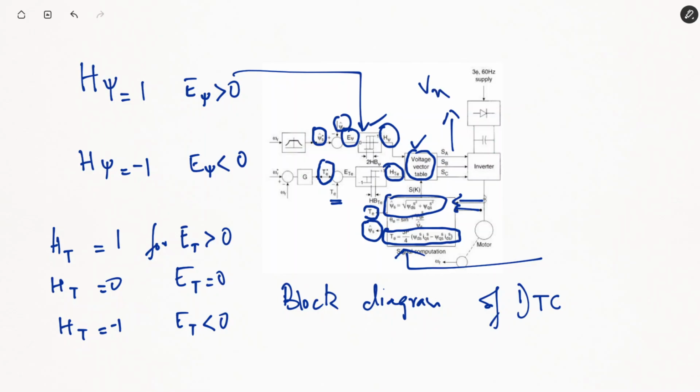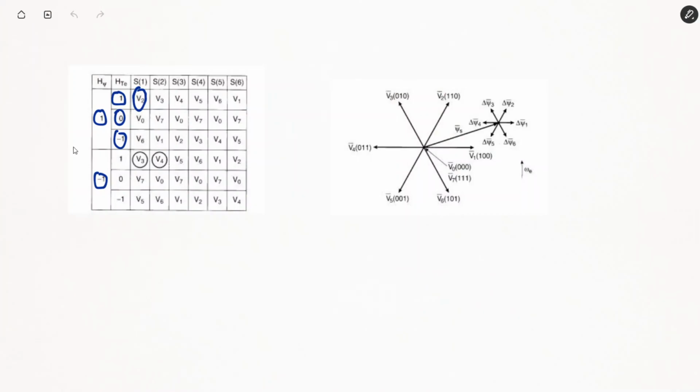Now what Vn signifies here is, if H psi and HTE both are 1, the selection will be in such a fashion that these vector controls, these possible switchings will take place. And what are these switchings?